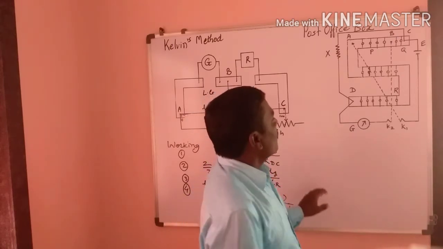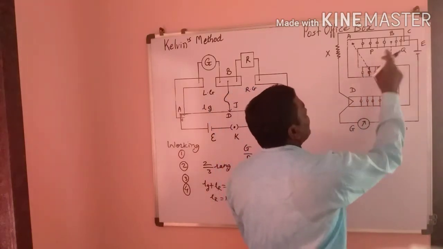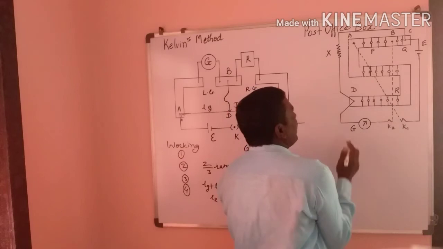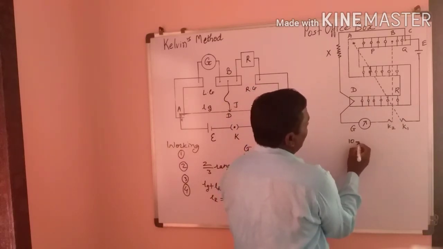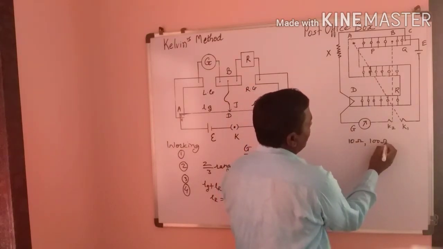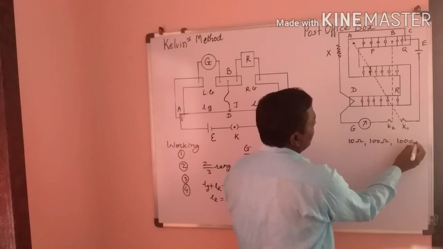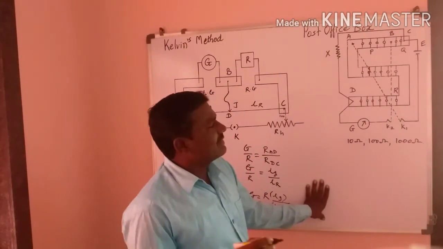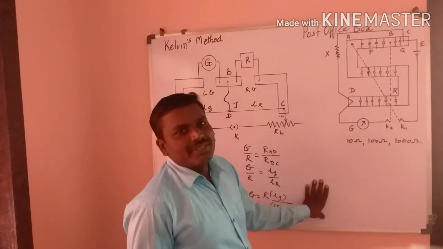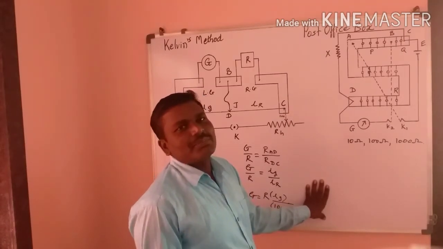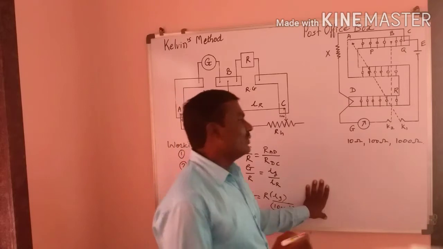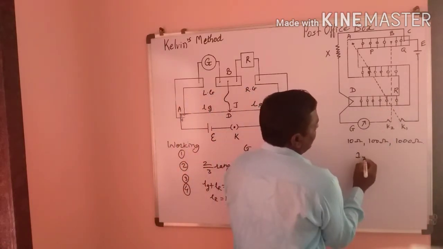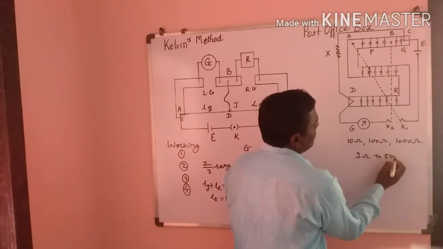The ratio of these arms P and Q is in such a way that it is 10 ohm or 100 ohm or 1000 ohm. The arm R is an adjustable arm and its value is 1 ohm to 5000 ohm.